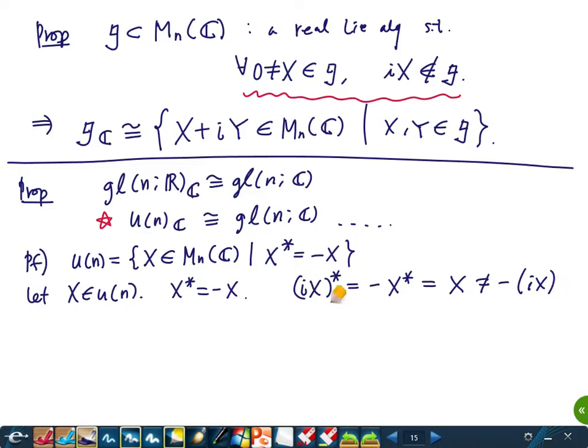That means iX is not in u(n). So this condition is true. Okay, so we can use the proposition now. So by the proposition, the complexification of u(n) is the set of all matrices X plus iY, where X, Y are both in u(n).